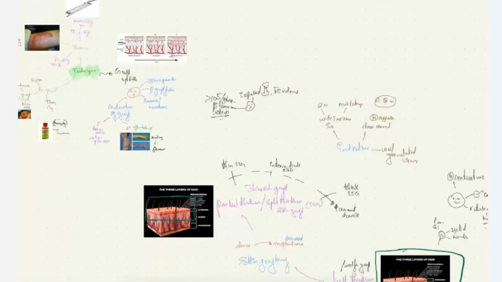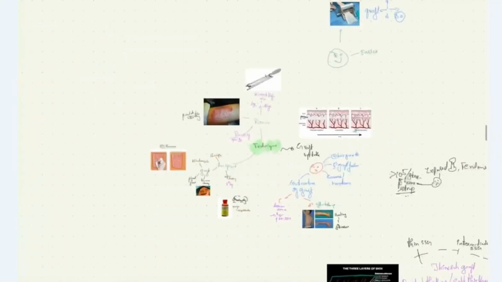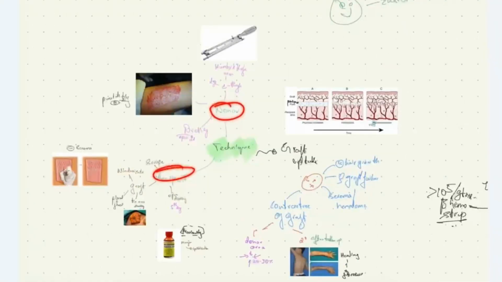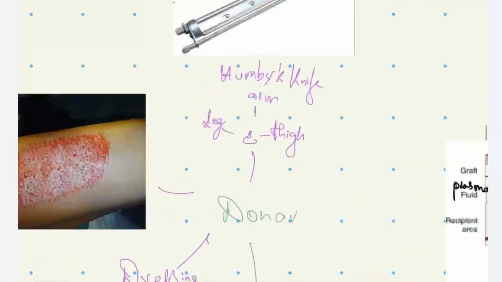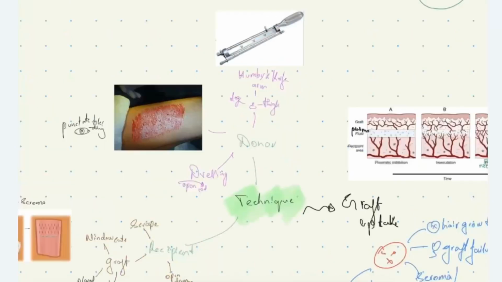Now, how to perform split skin grafting? The technique. We have a donor and a recipient. In the donor, where can we take the graft for split skin grafting? We can take the graft from thighs, arm, and legs. We use Humby's knife to take the graft from the donor.